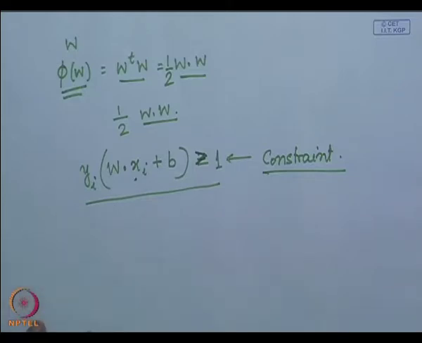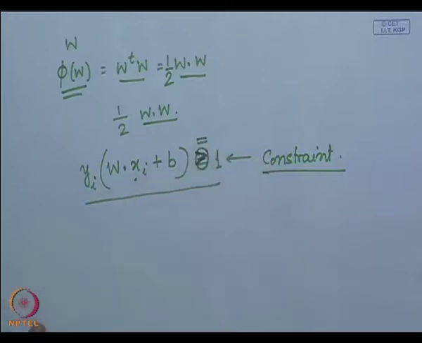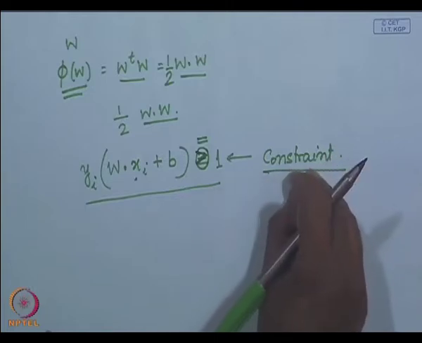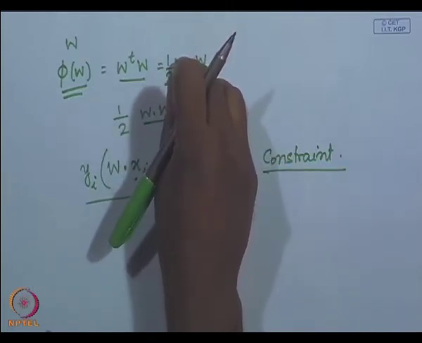And because my support vector machine depends upon the support vectors, I will not take this inequality, rather I will take this equality, that is y_i into (w dot x_i plus b) has to be equal to 1, that is the constraint, and under this constraint I have to minimize my weight vector w.